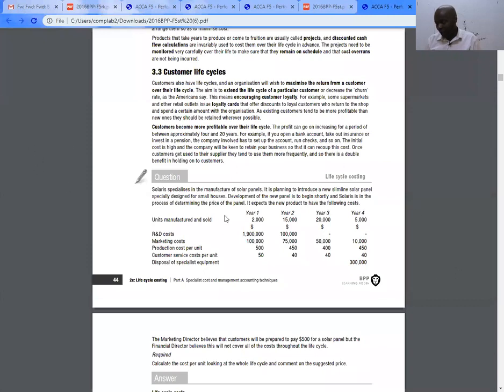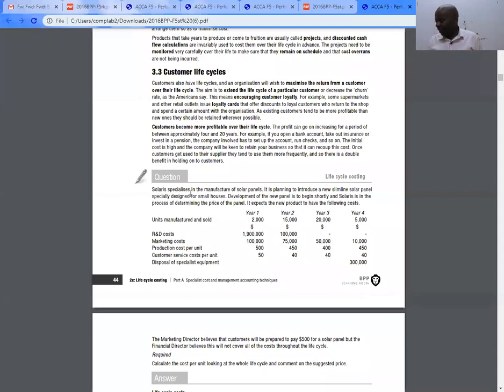Why? Because whenever I'm given a cost on a per unit basis, I must always take that cost per unit and multiply it with the number of units to be produced.